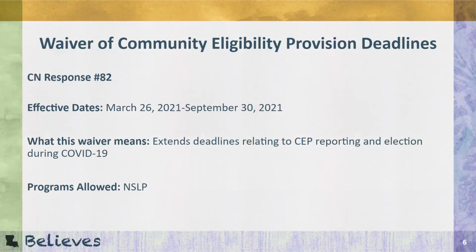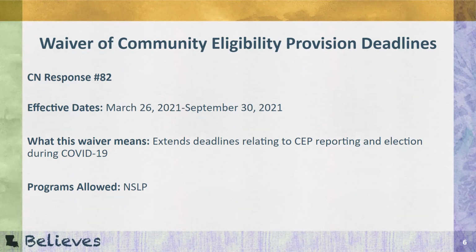But this year we do have a waiver of the community eligibility provision deadlines, and that is Child Nutrition Response number 82. This waiver extends the deadlines related to CEP reporting and election during COVID-19. As many of you know, the deadline for submitting the CEP data is typically April.